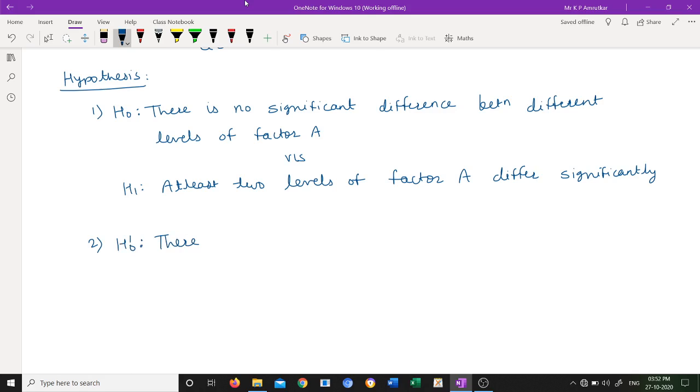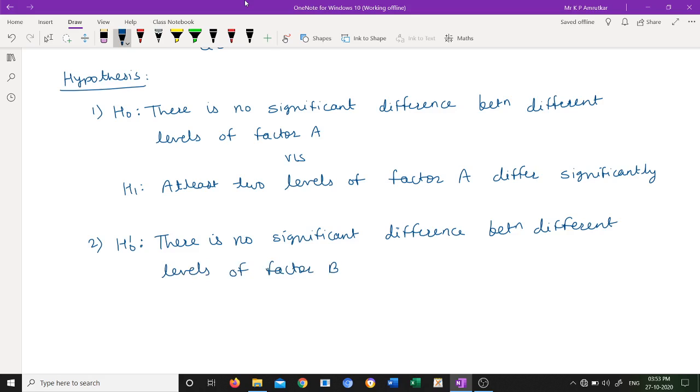There is no significant difference between different levels of factor B, versus H1 dash: at least two levels of factor B differ significantly.